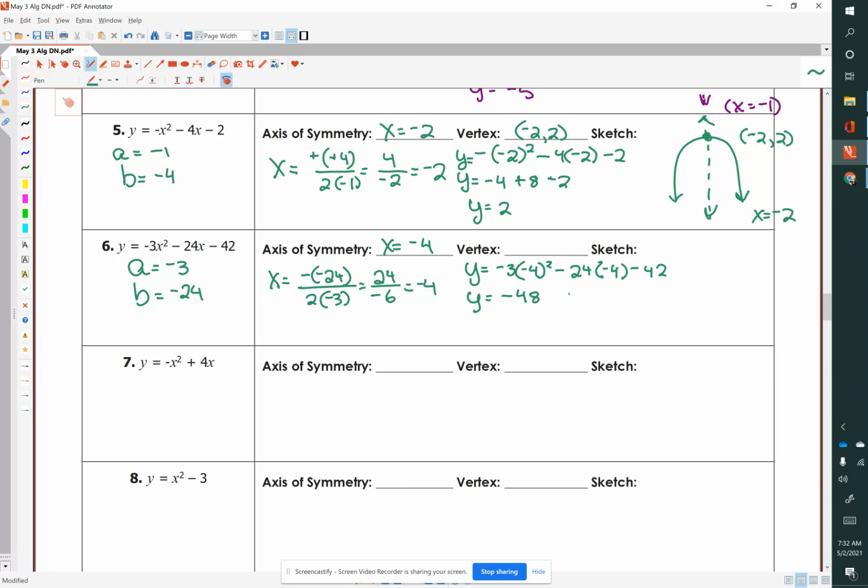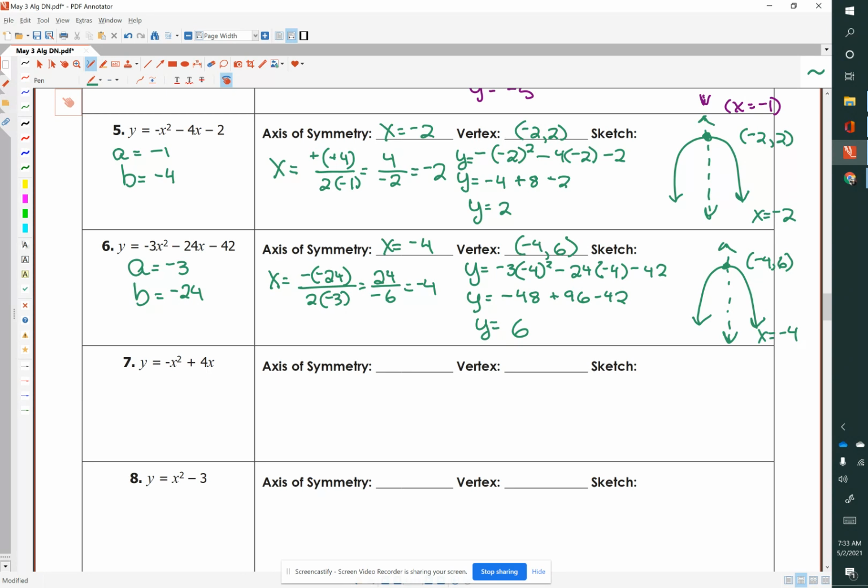Then -24 times -4 is +96, minus 42. And when we combine all of those terms, we have simply 6. So our vertex is -4, 6. Again, this is a downward facing parabola with a vertex of -4, 6, and the axis of symmetry x equals -4.